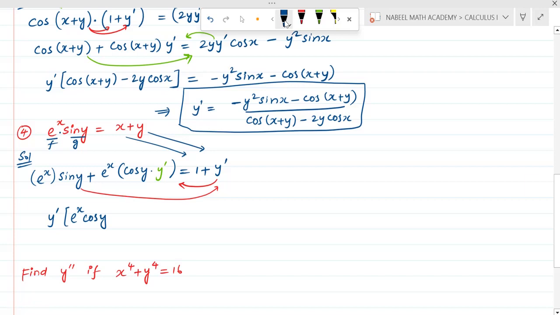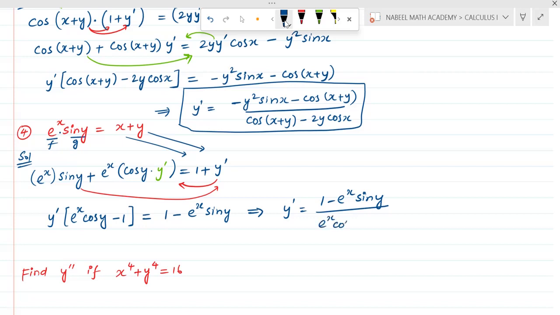If you move the other side and take common, it is minus 1 equal to 1 minus, there is no y prime term, I will move it to the other side, e power x sine y. The next step I will divide. Y prime is equal to 1 minus e power x sine y over e power x cosine y minus 1. So this is the final answer.